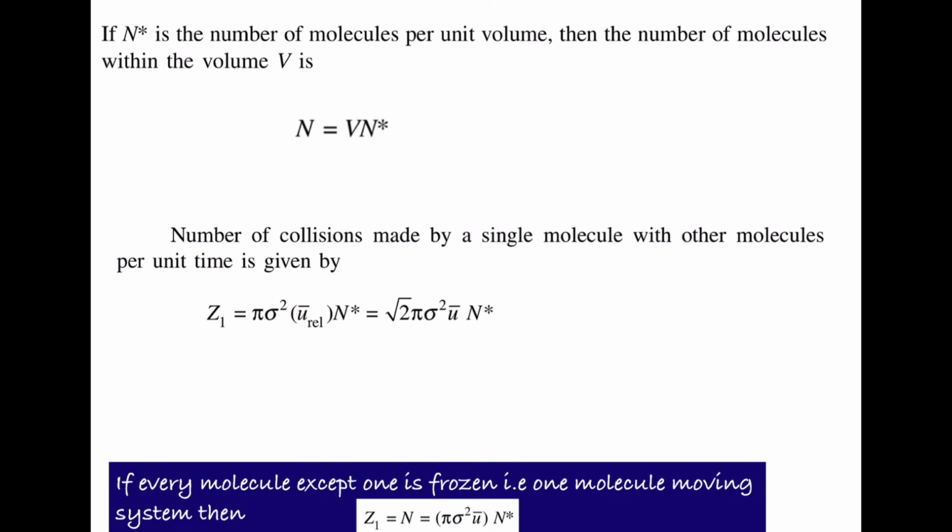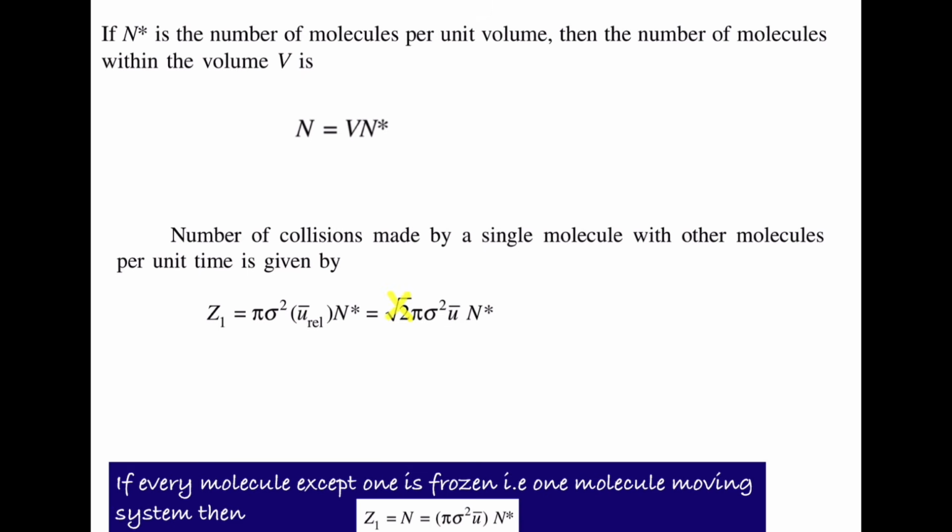For example, in a hypothetical situation where only one gas molecule is moving and all other gas molecules are at rest, instead of relative velocity you have to take just the average velocity.